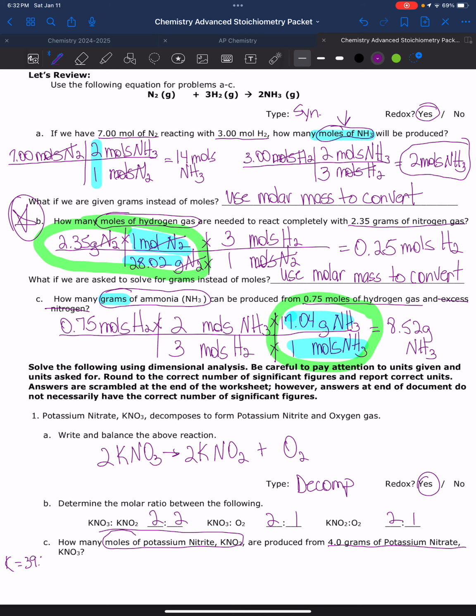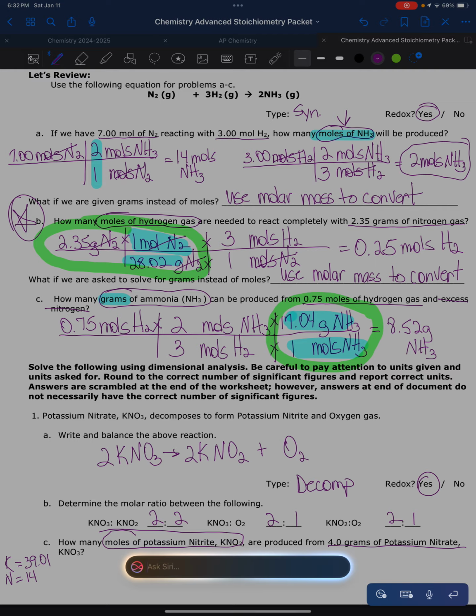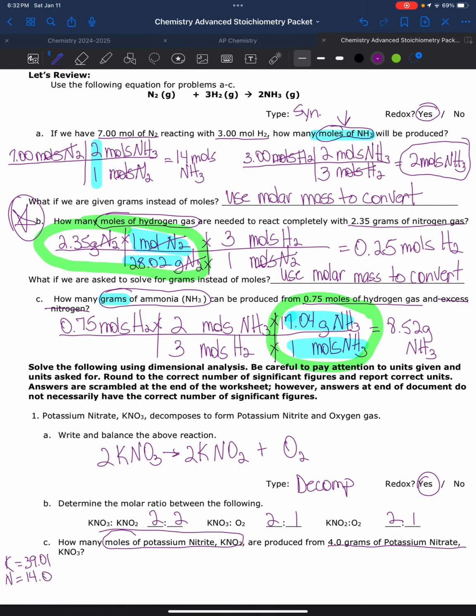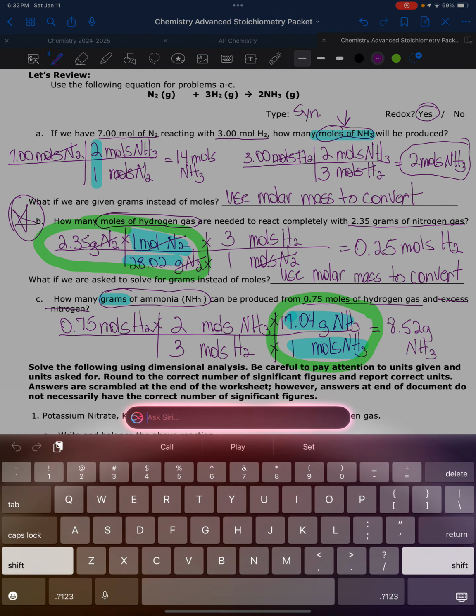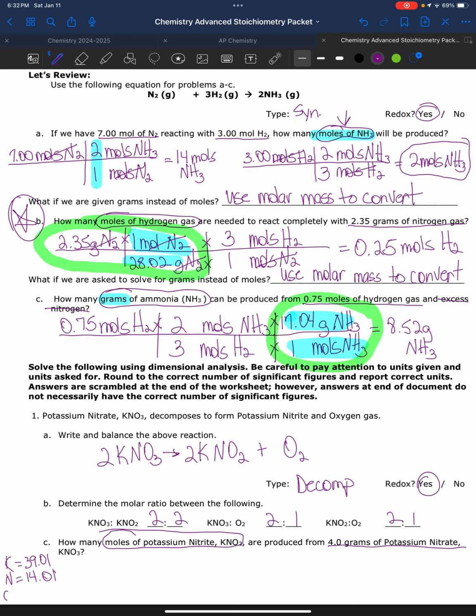So this was 39.01. Nitrogen is 14.01. Okay. And oxygen is 16 times 3. And we get 101.02 grams. Okay, I'm working at the very bottom of my iPad screen, so it's kind of getting mad at me.